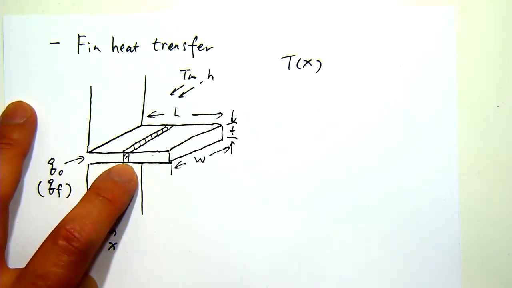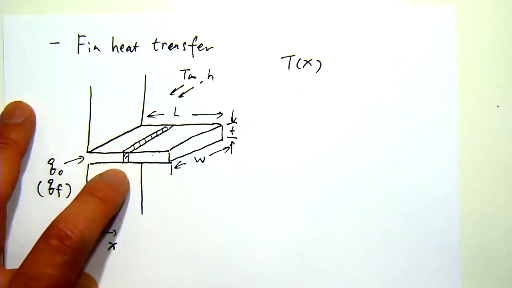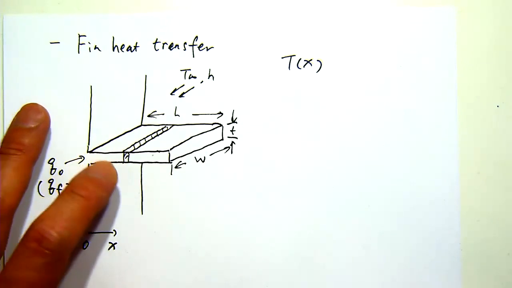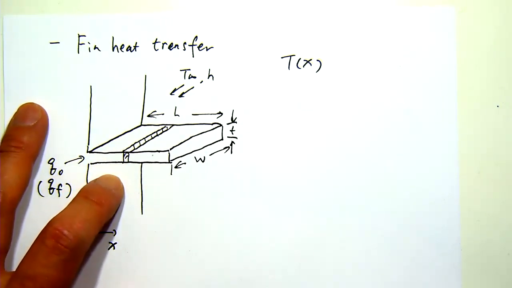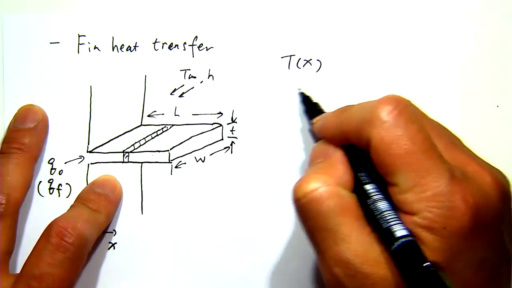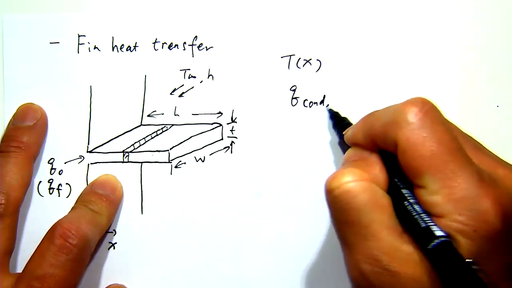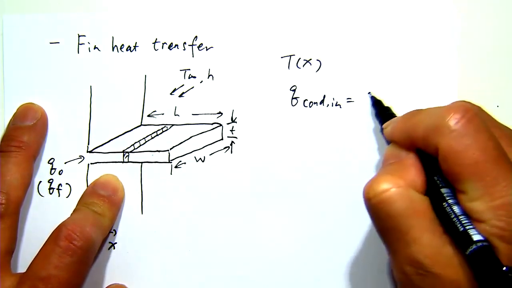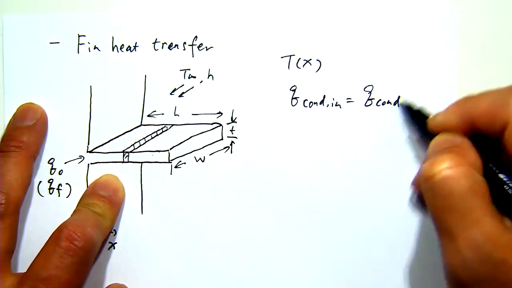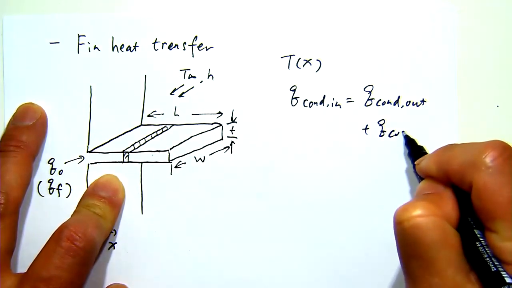Then we apply the energy balance there, right? Energy balance is in plus generation equals out plus change. We're dealing with a steady problem, and a case without heat generation. So basically, on this control volume, what we applied is Q conduction in equals Q conduction out plus convection.